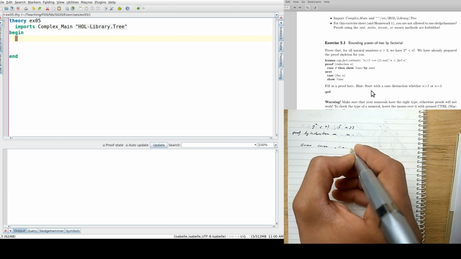Because n strictly greater than 3 is an assumption of the induction hypothesis there.